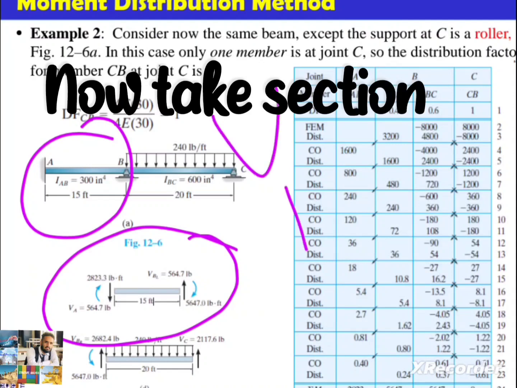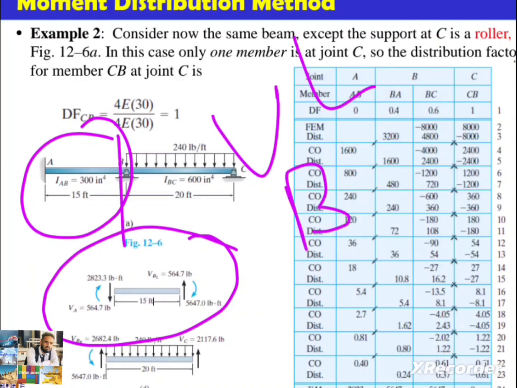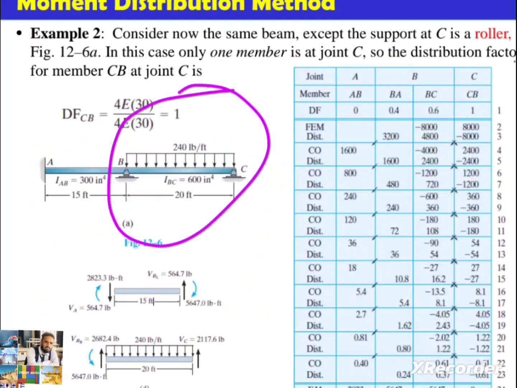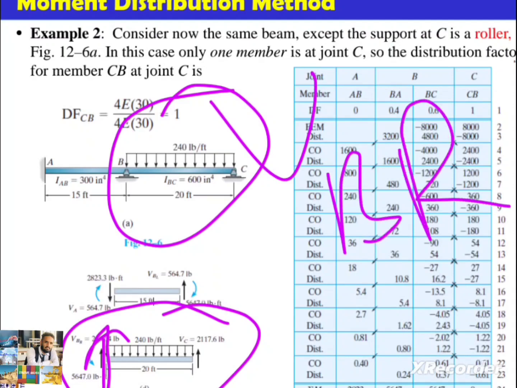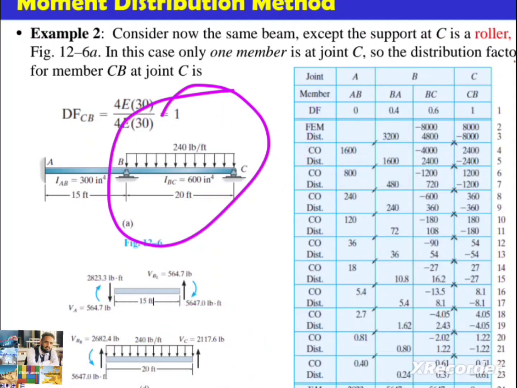We will find the VB from the left side, meaning this reaction from the left side, and take the other span section BC and apply VB right. It means the shear at point B from the right side. So we will get the values for VBL and VBR.